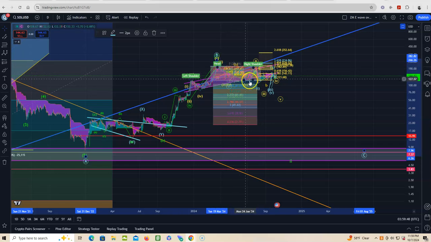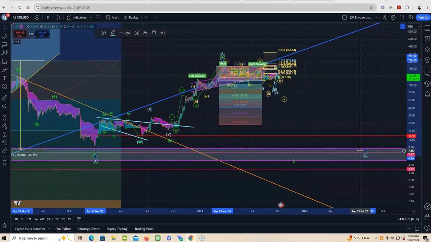That is the beginning of wave 1 primary. That will lead to wave C primary. It's a mouthful, but just to simplify this for you folks, we are beginning wave 3 of minuet degree.